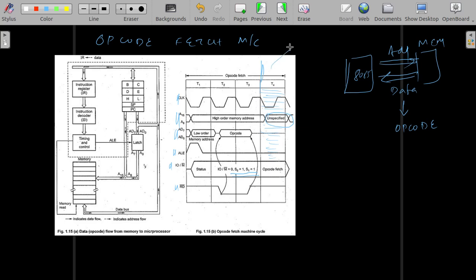It is used for decoding the instruction. The instruction has to be decoded, and only then can the control unit do something. So once the instruction is given to the instruction register, it is decoded and the corresponding data is given to the timing and control unit. That is what is happening in the fourth T state.